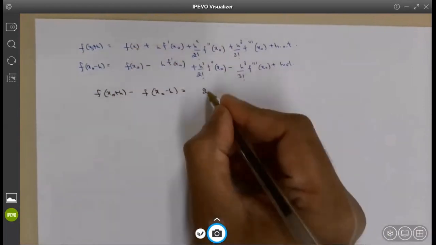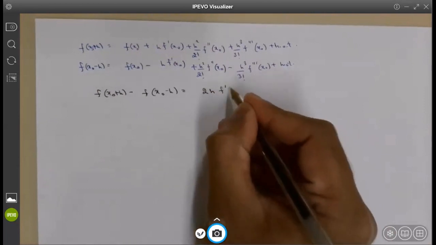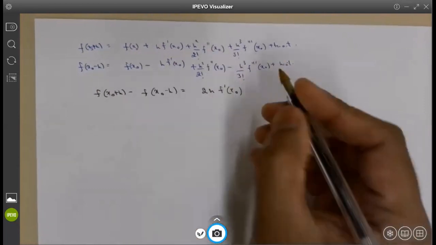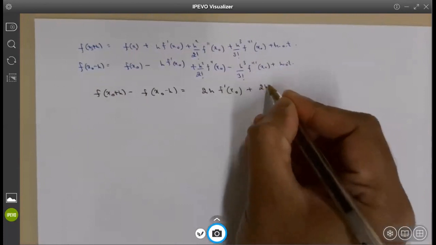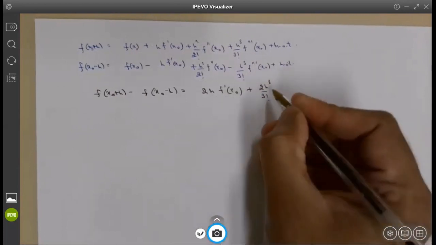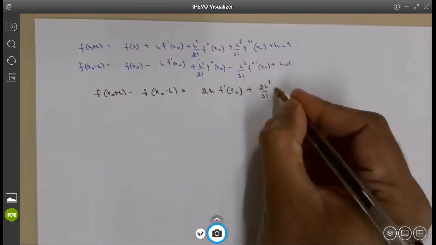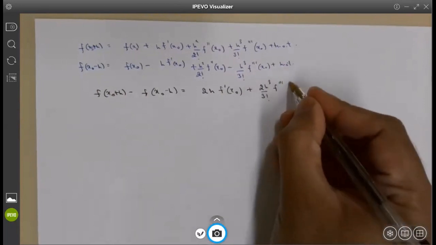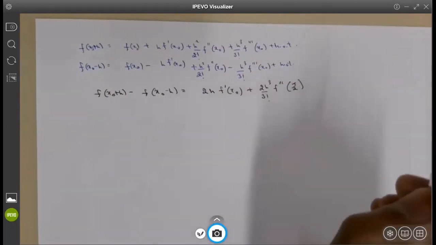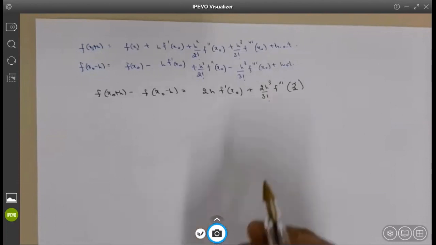this will go away, 2h f prime x naught, this will go away, 2h cubed by 3 factorial f triple derivative zeta, neglecting all the other higher order terms.